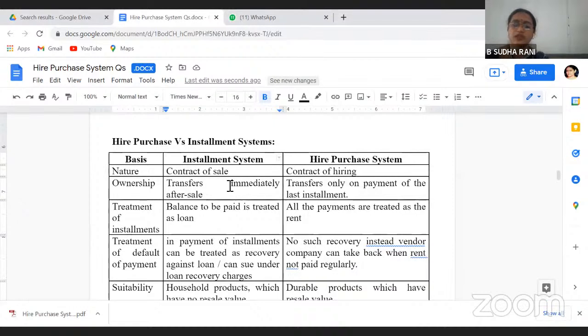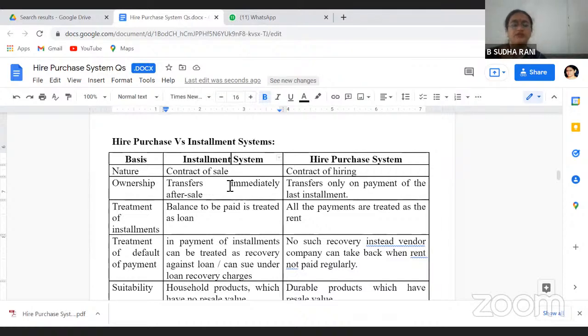Treatment of default: under the installment system, if the purchaser fails to pay the remaining installments, the seller can treat it as a recovery against the loan, meaning he can proceed legally to claim recovery, but he cannot take the asset. Under hire purchase, there is no recovery; instead he can directly take back the asset from the purchaser.